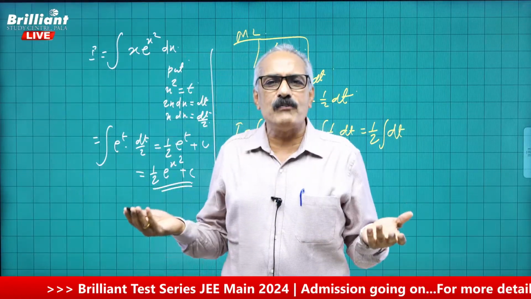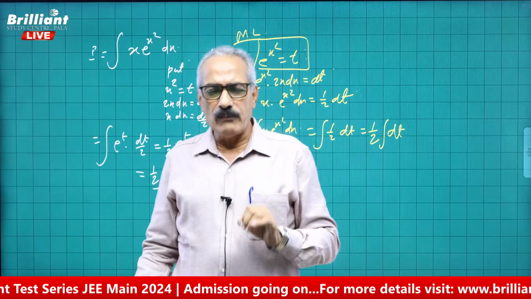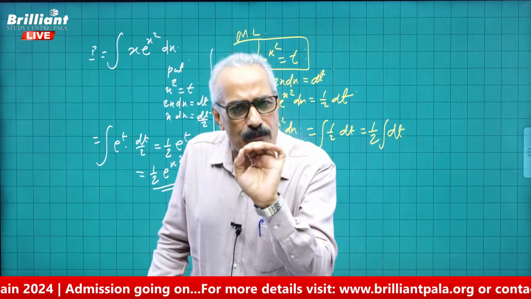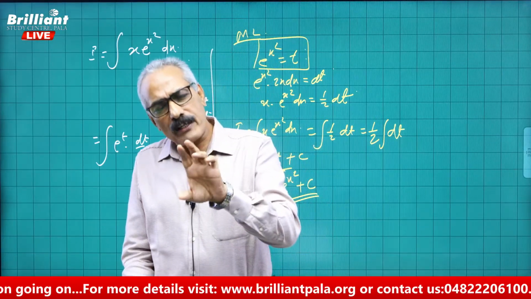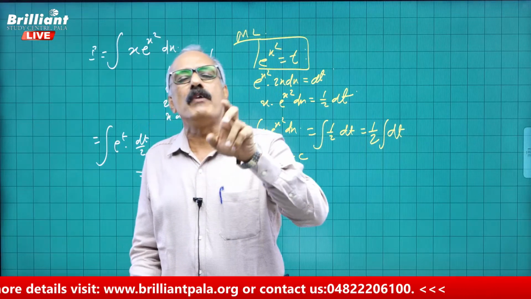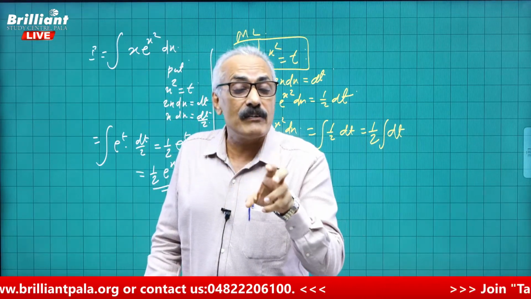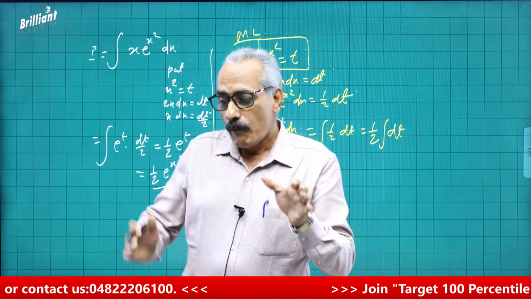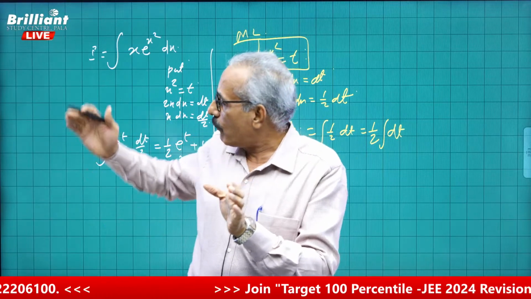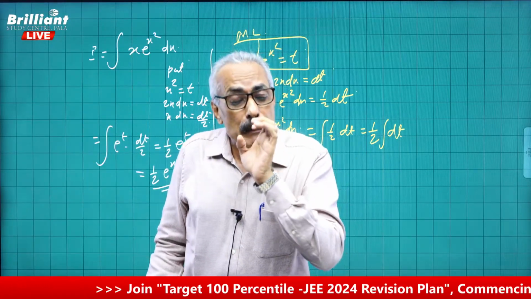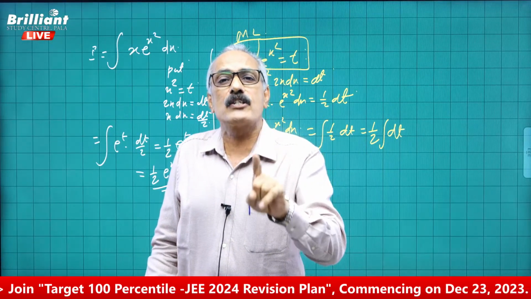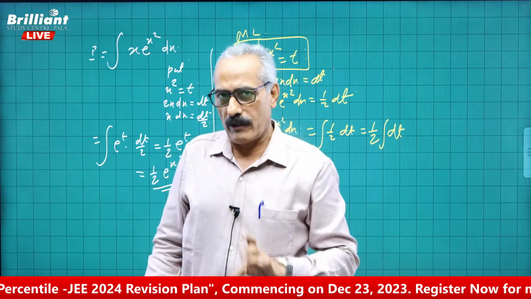What is meant by effective substitution? Effective substitution is that substitution after which we differentiate, and after differentiation, most of the terms of the integrand are replaced by dt. That is called effective substitution.